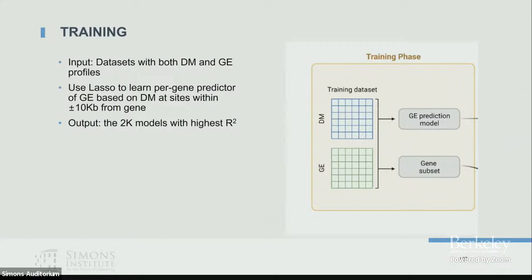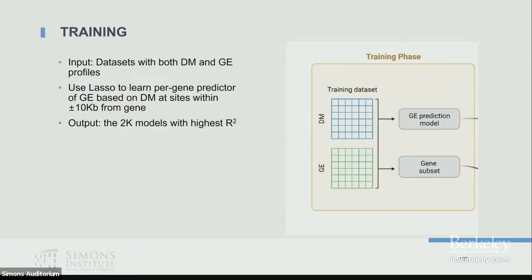We assume that we have a set of samples for which both data sets are available. And for each gene, we look at the DNA methylation signal within plus minus 10 kb from the gene.